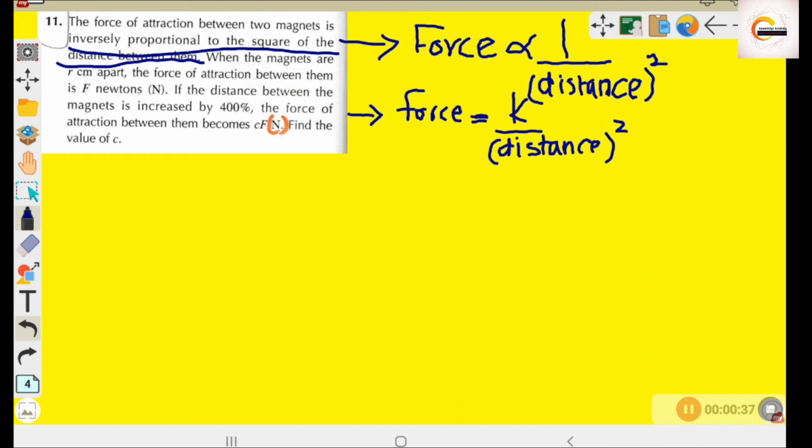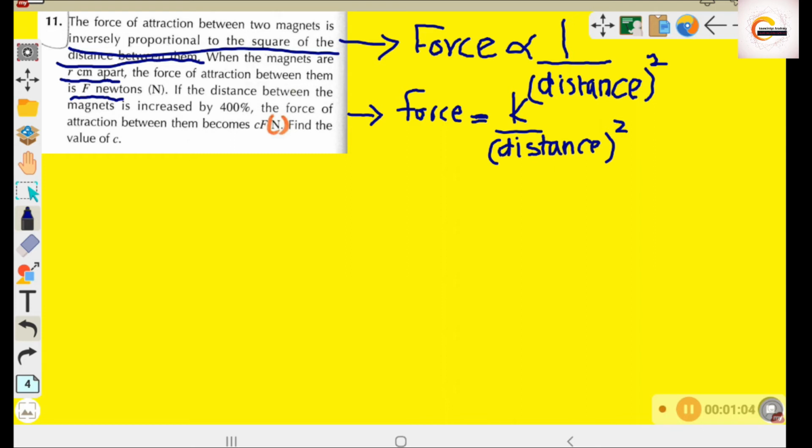Now next part, when the magnets are r centimeters apart, the force of the attraction between them is F. Now here no values, no number is given, only alphabets are given, so naturally our answer is going to be in terms of R, F or any other alphabets which are going to come further.